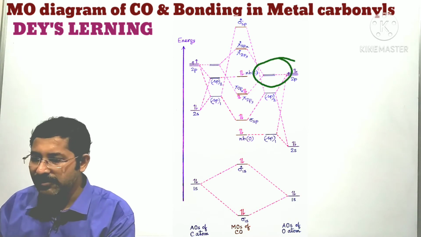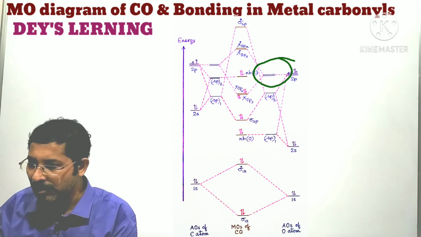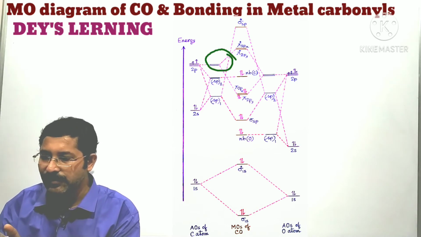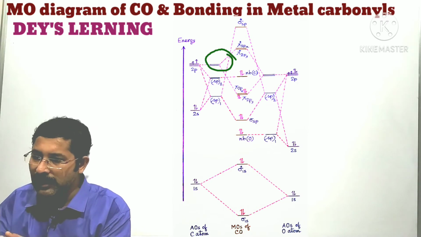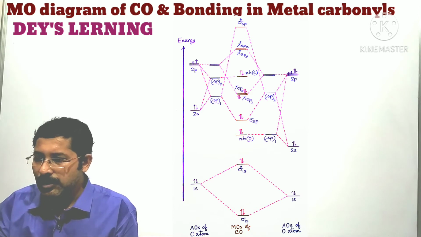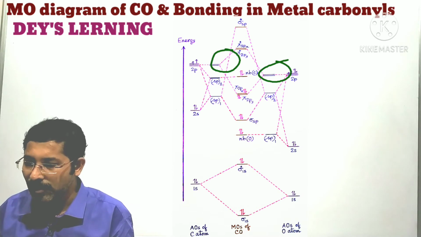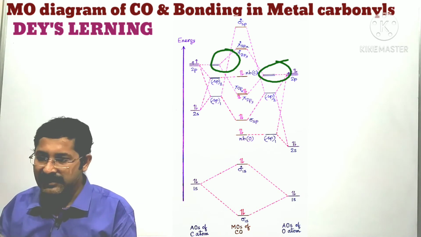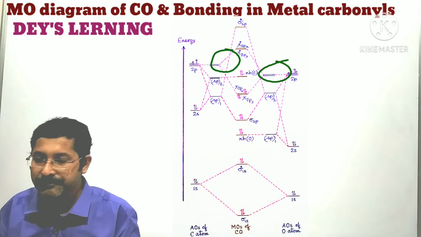The two p orbitals of oxygen which don't combine to form the sp hybridized orbital, and the two p orbitals of carbon which do not combine to form the hybridized orbital, remain intact at the same energy level as they were in their atomic state.